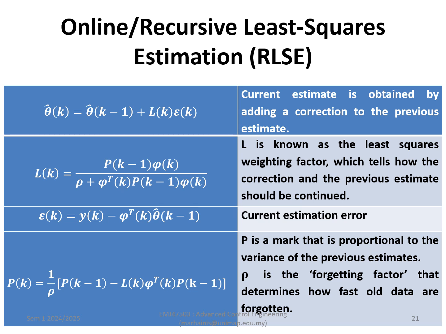Zeta k is the current estimation error. And the last one is P(k). P is the matrix that is proportional to the variance of the previous estimation, and rho is the forgetting factor that determines how fast old data are forgotten.